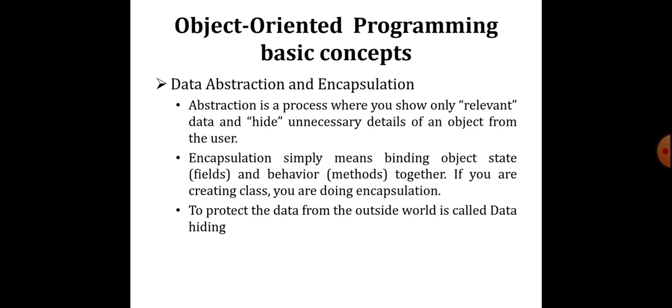Data encapsulation means binding the object states and behaviors together in a single unit. If you are creating a class, you are doing encapsulation, and preventing the data from outside access is called data hiding.